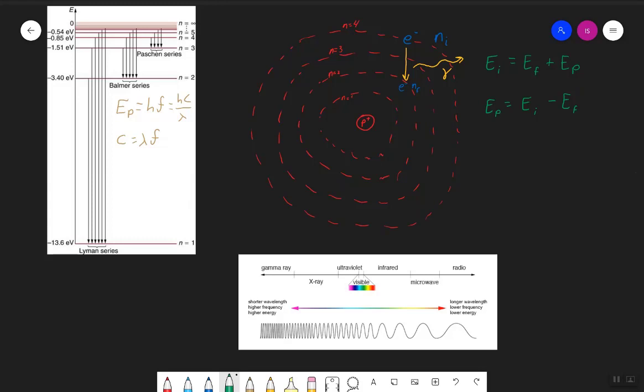But we know what E initial and E final are in terms of n initial and n final. So this is the energy of the photon.